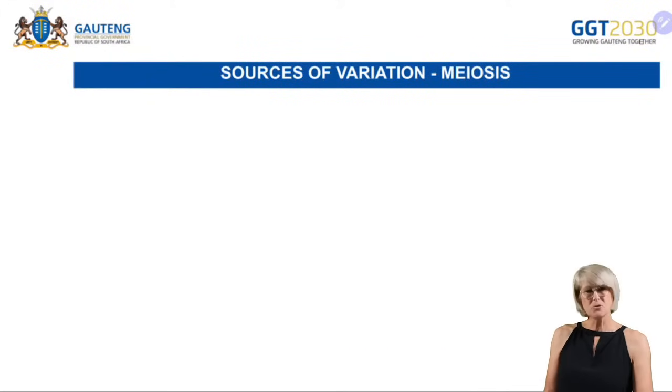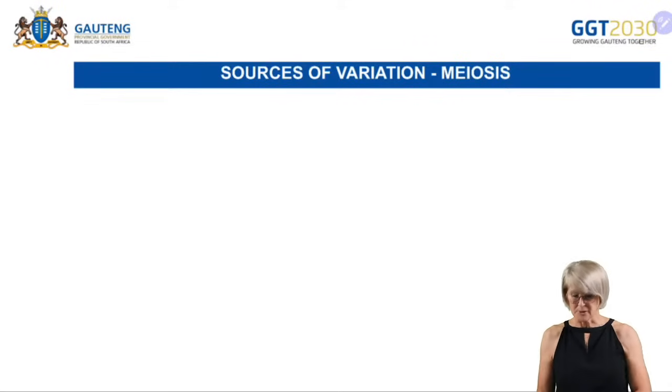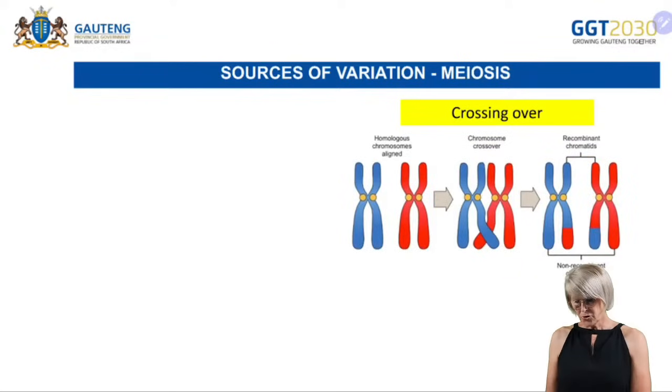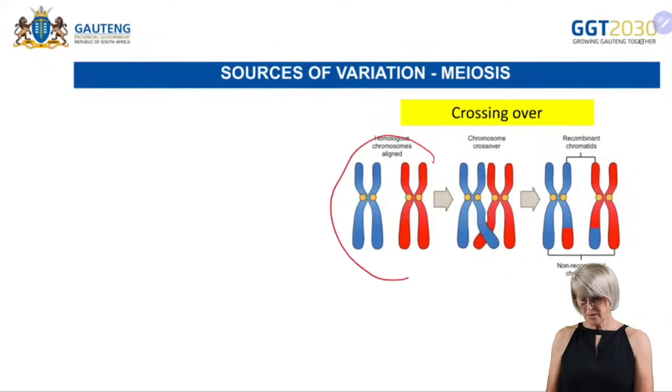Right, then the second source of variation comes in meiosis, and we've also covered meiosis this afternoon. So the first process that creates genetic variation is called crossing over. As you know, your homologous chromosomes, one is paternal, from the father, and one is from the mother.